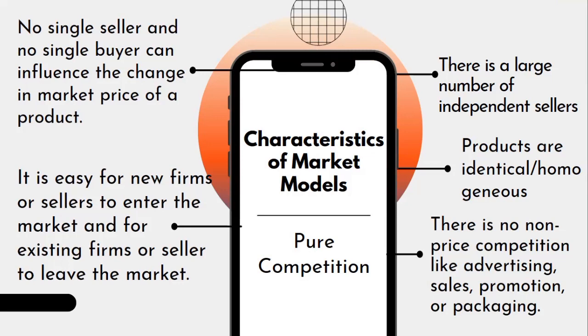It is easy for new firms or sellers to enter the market and for existing firms or sellers to leave the market. So pure competition is more theoretical than practical. But there are a few examples in real-world markets that come about as close to pure competition as possible.